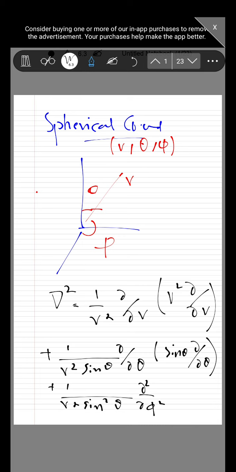This is how we present this Laplacian operator in spherical polar coordinates.